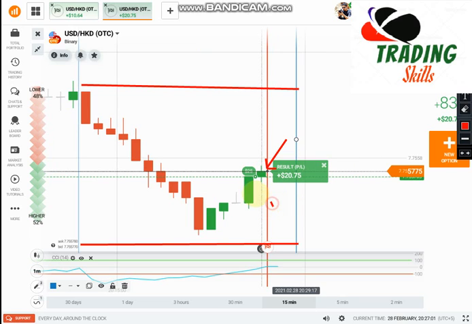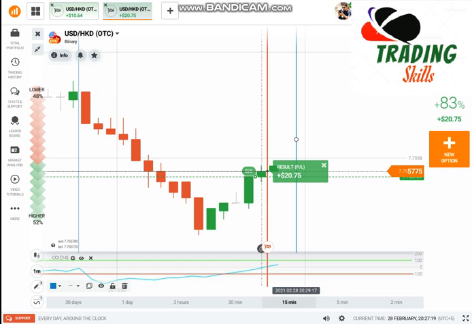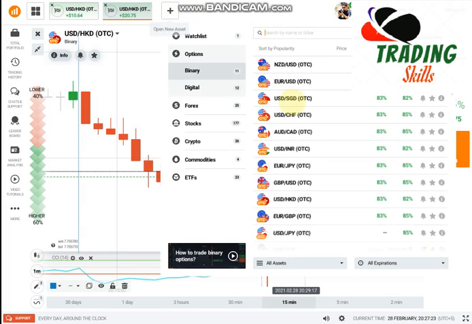Therefore this candle was a strong candle, and now there is a presence of sellers as much as the presence of buyers. So therefore this area is a confusion area. So I will take my trade after this candlestick, the running candlestick.